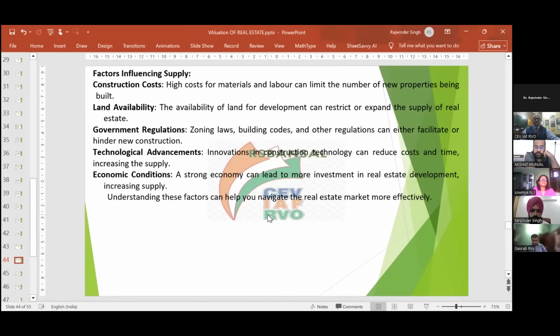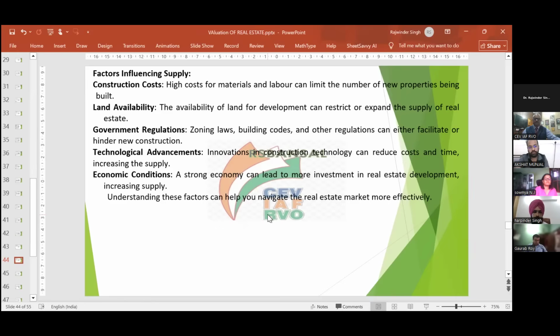Then what are the factors affecting supply of real estate? Construction cost: higher the construction cost, lower will be the supply. If land is available at a cheaper rate and with minimum restrictions, then the supply will be more.